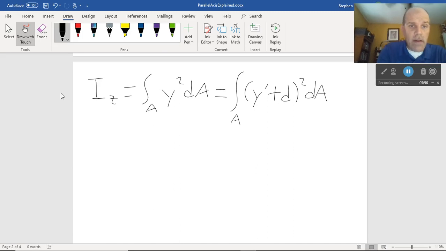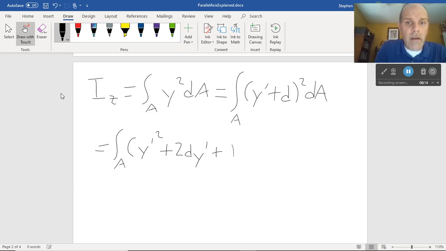And that is then equal to the integral over the area, and I'm going to assume that you're going to think, hey, you're making a mess out of this, because we can FOIL this, right? And that's going to make things look worse for a few minutes. But the way a lot of these things work out is they look worse for a few minutes, and then suddenly they look a heck of a lot better. So I'm going to have y prime squared plus 2d y prime plus d squared all times dA.